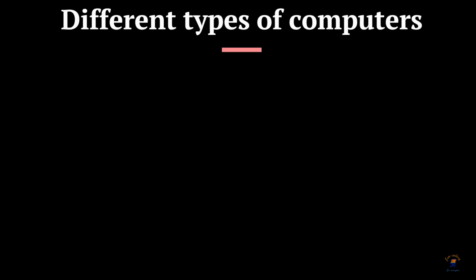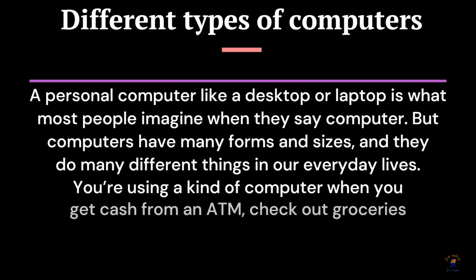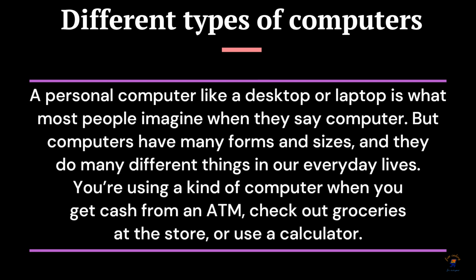Different types of computers. A personal computer like a desktop or laptop is what most people imagine when they say computer. But computers have many forms and sizes, and they do many different things in our everyday lives. You're using a kind of computer when you get cash from an ATM, check out groceries at the store, or use a calculator.